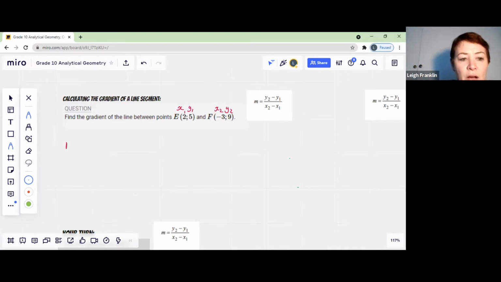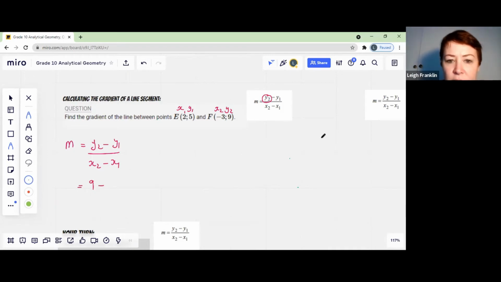So now when we calculate the gradient of our line, we're going to put in the 9 first. So 9 is going to go in the place of y2, minus 5 goes in the place of y1, over minus 3 and then minus 2.